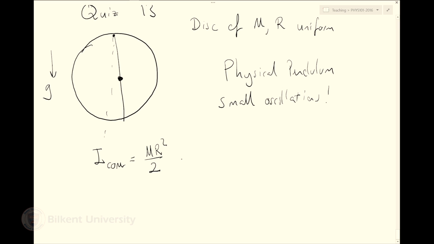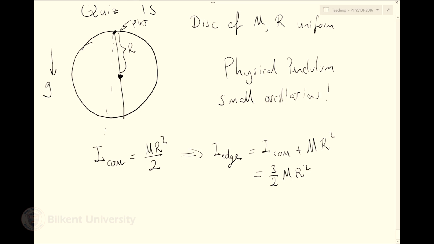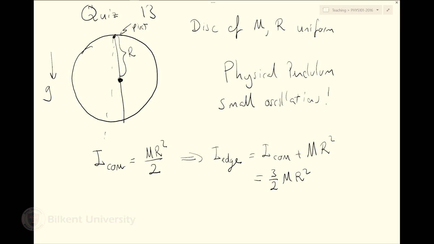How do I find the moment of inertia around the pivot point, which is at the edge? Well, parallel axis theorem. This should be the center of mass term plus m times the distance from center of mass to the edge, which is r squared, so it gives me 3/2 mr squared.